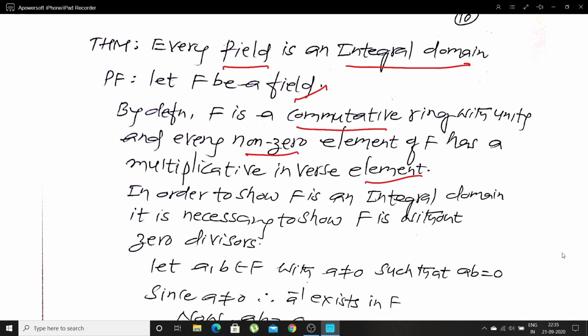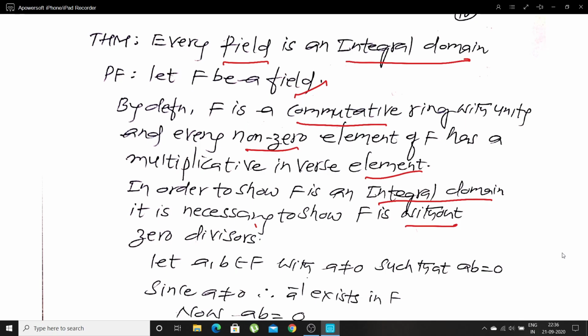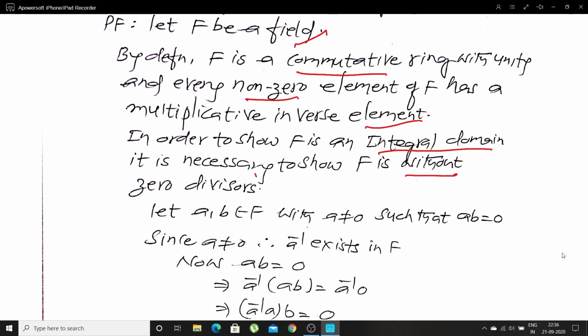In order to show F is an integral domain, it is sufficient to show F is without zero divisors. To prove this part, let me take two elements of F, that means field.